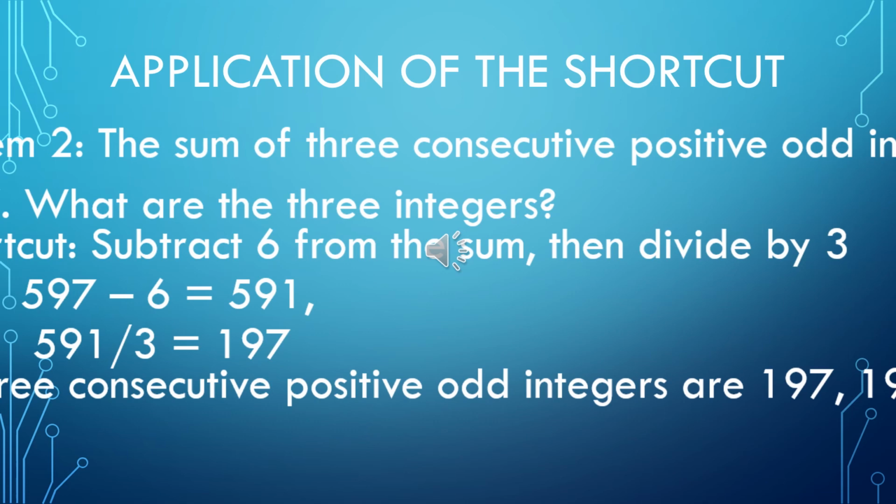Then step 2 is to divide 591, the result of step 1, by 3. So 591 divided by 3 is 197. So the first of three consecutive positive odd integers is 197, and the second is 199, and the third is 201. So the three are 197, 199, and 201 respectively.